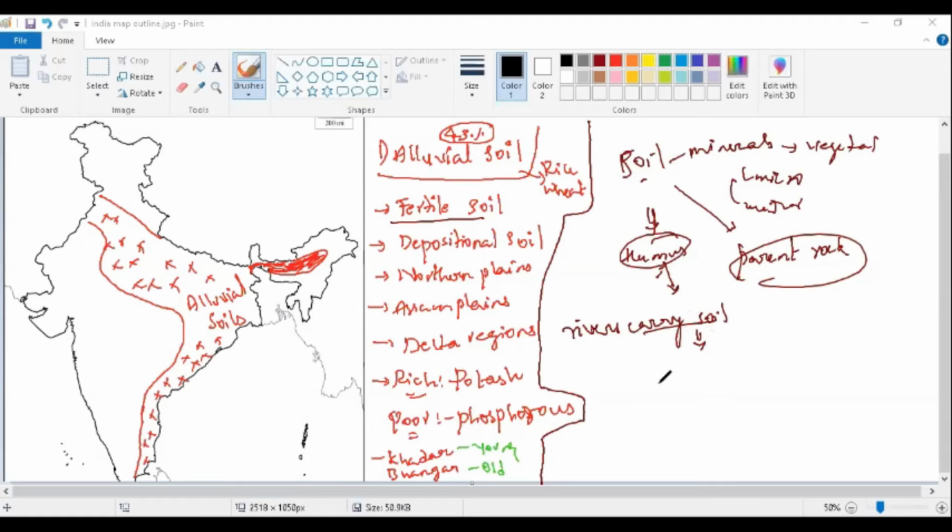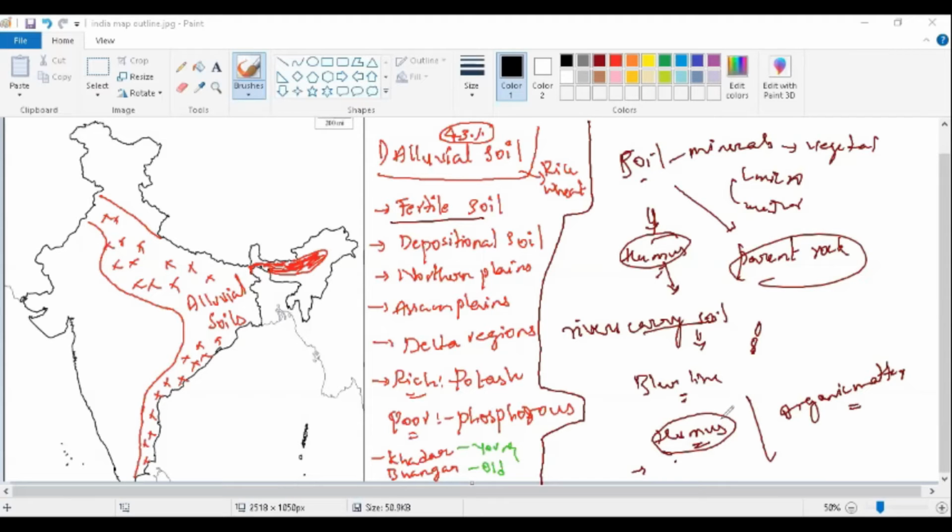So one thing I want to mention is there is a blurred line of differentiation between humus and organic matter. See, humus is the already fallen vegetation from the plants or accumulation of any organic matter, domestic waste, accumulation of that. We call that humus.